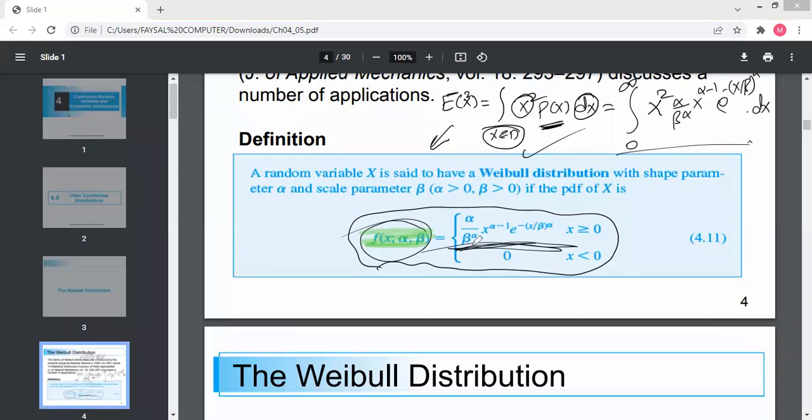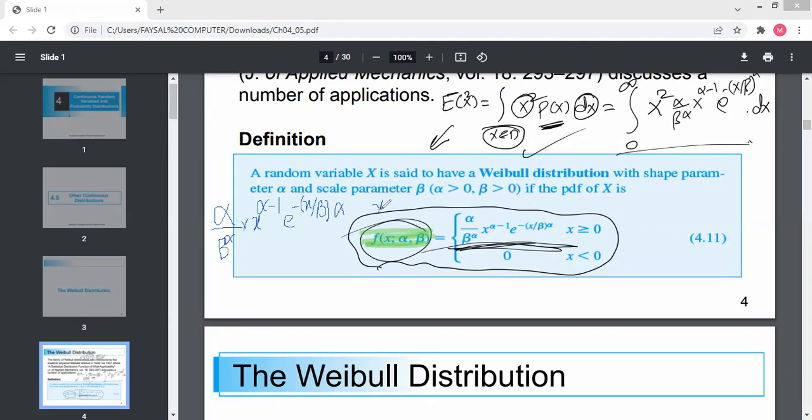So f(x; alpha, beta) will be written as alpha upon beta power alpha, multiplied by x power alpha minus 1, with e power negative of (x upon beta) power alpha.